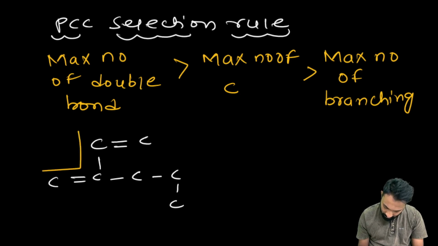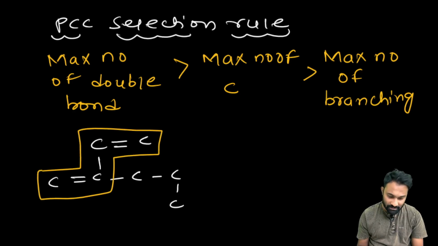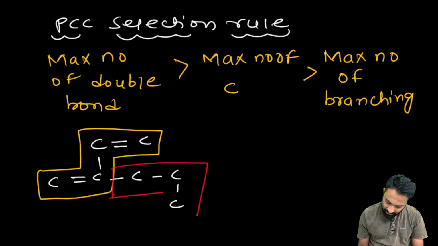So this will be the parent carbon chain, and this one will become the branching or substituent. Clear? Next, suppose it is in this manner.